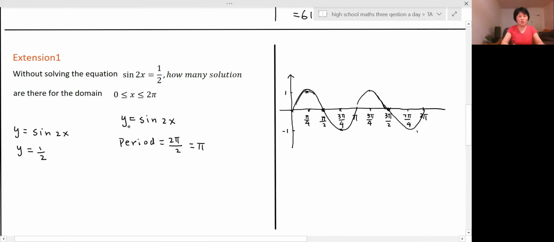Okay, so I already drew y equal to sine 2x here. Then I also have to draw y equal to half. So y equal to half. Half is here.